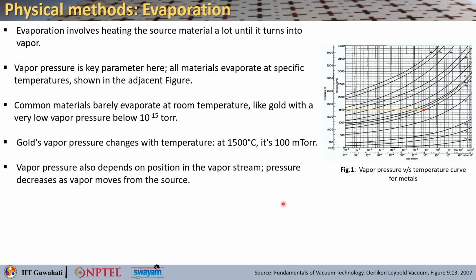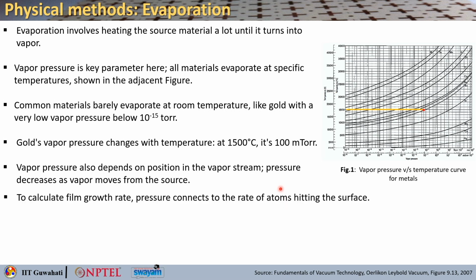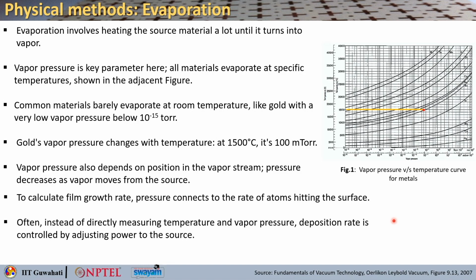Vapor pressure also depends on the position in the vapor stream. The pressure decreases as the vapor moves away from the source. To calculate the film growth rate, the pressure connects to the rate of atoms hitting the surface.